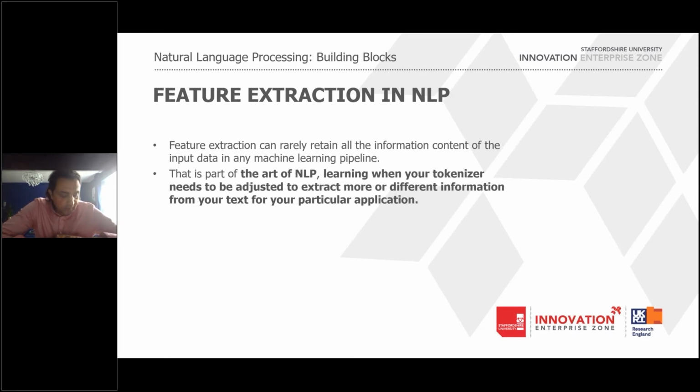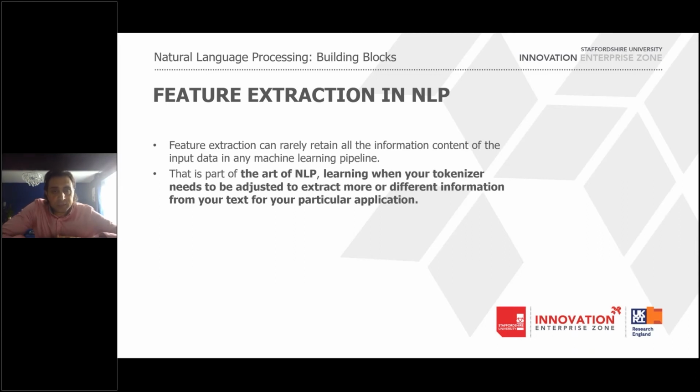It is very difficult to keep all the information within your data after feature extraction, so you're going to have to sacrifice some information. That is part of the art of natural language processing: learning when your tokenizer needs to be adjusted to extract more or different information from the text for your particular application.